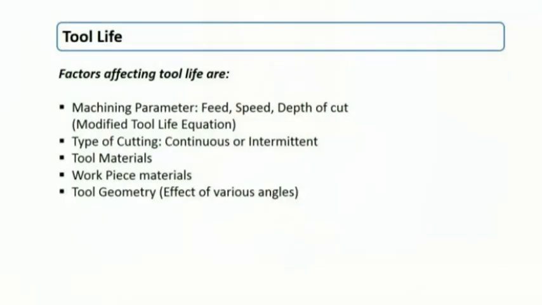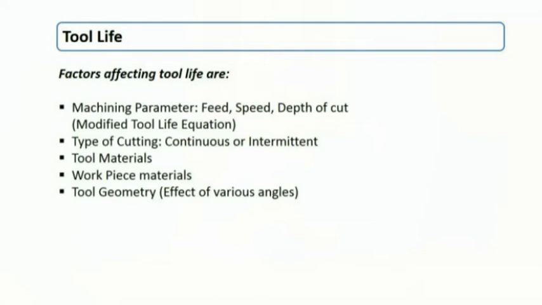The different values for different conditions can be obtained from the data book for the values of n and c. So this formula relates the cutting velocity with tool life, that is V t raised to n is equal to c.